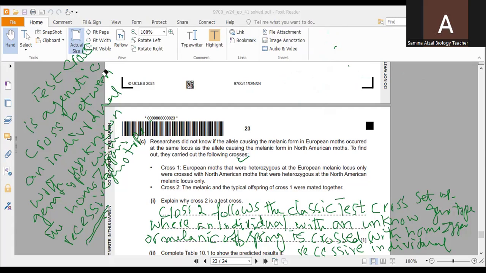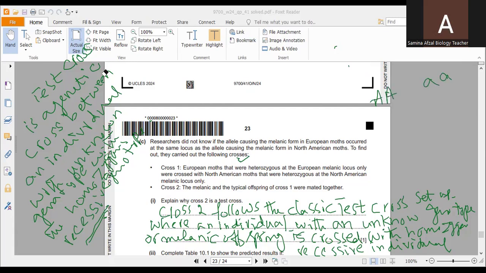We will write over here in this way. Capital A, capital A, yeah, capital A, small a.